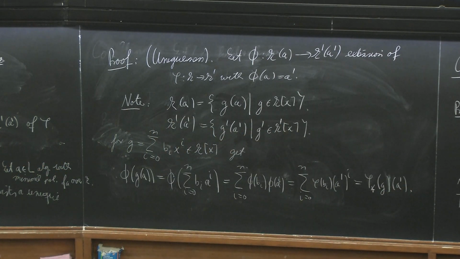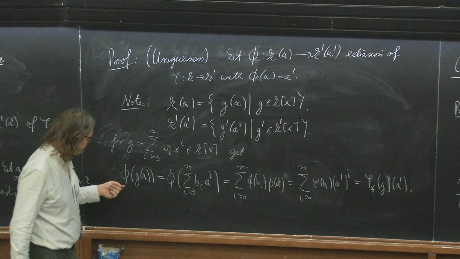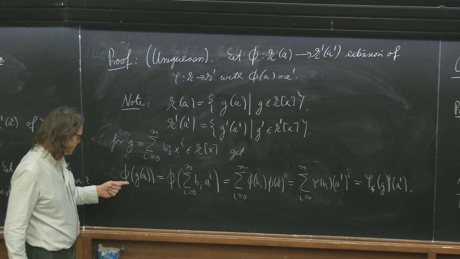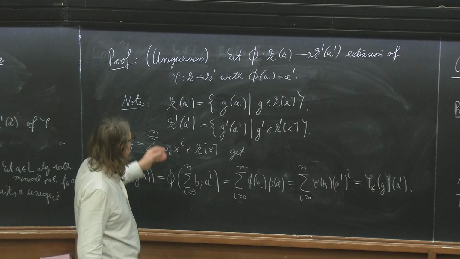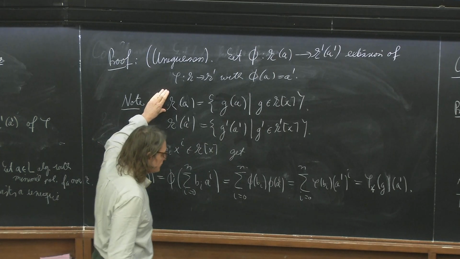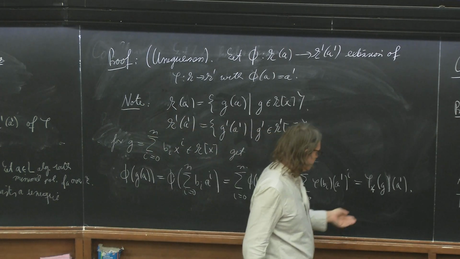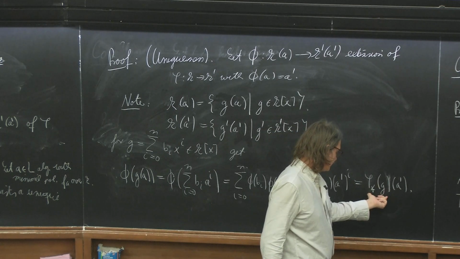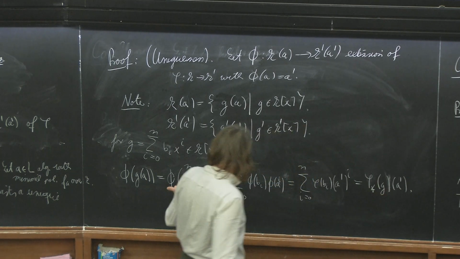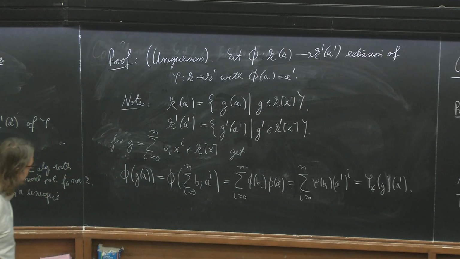So I have just explicitly written down what phi does to any element of K(a). You just apply this transformation: you write it in this form, and then you do it.